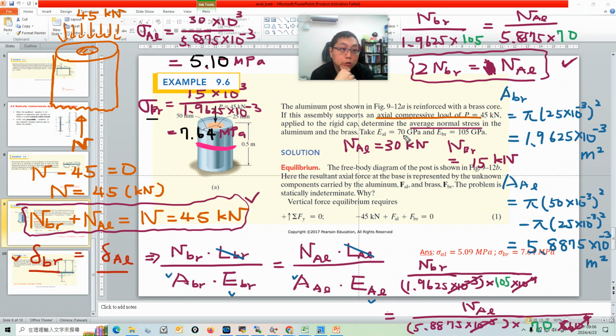So if these two materials form a coaxial bar, the stiff material will take more stress. And that means the shell part takes more stress, so it can protect the inner part.